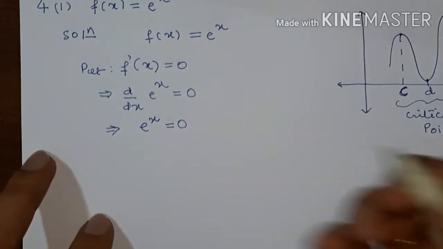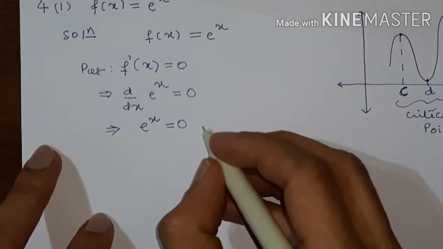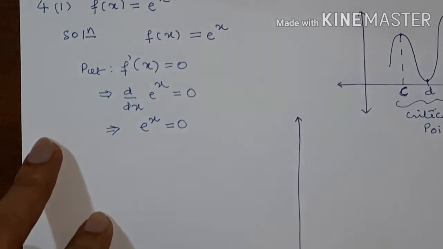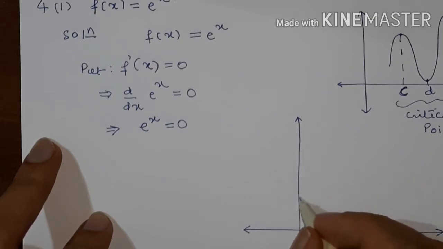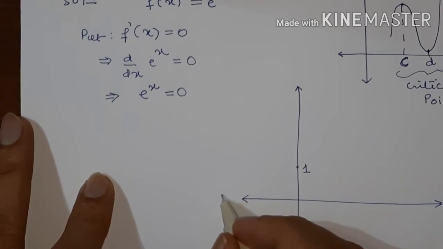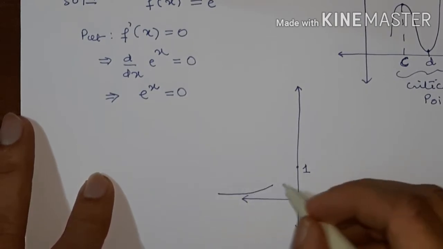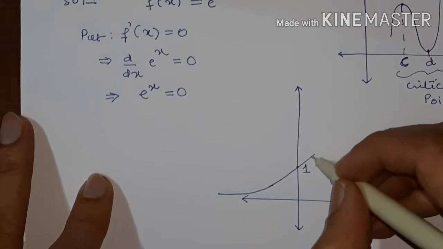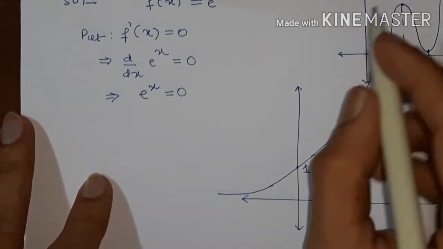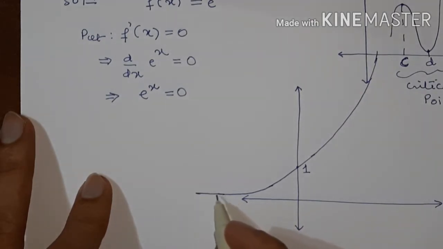Now this means, if you look at the function e raised to x, this is 1. You know that the function e raised to x has a graph like this. The graph keeps on increasing when x increases, and the graph keeps on decreasing when x decreases.